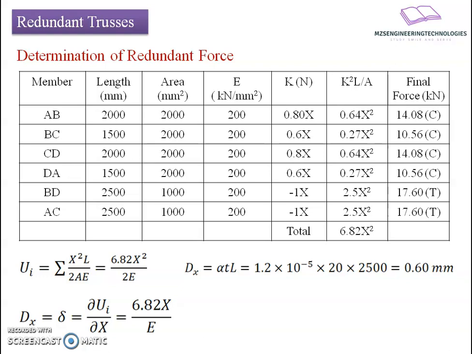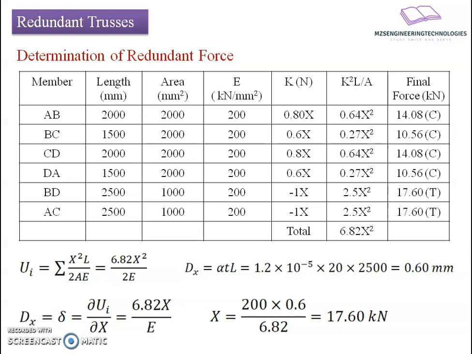The total dx value comes to be 0.6 mm. If we substitute this value in the strain energy relation, we can get the redundant force as the product of 200 into 0.6 divided by 6.82, leading to a value of 17.60 kilonewton. So here the redundant force is of magnitude 17.60 kilonewton, tensile in nature.